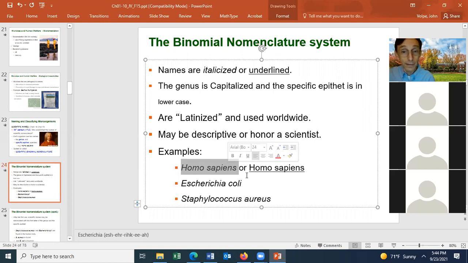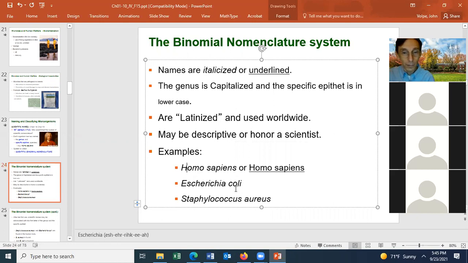The name can be descriptive or honor a scientist. Homo sapiens is descriptive. Homo means man, walks on two legs. Sapiens means wise. So Homo sapiens means literally wise man.